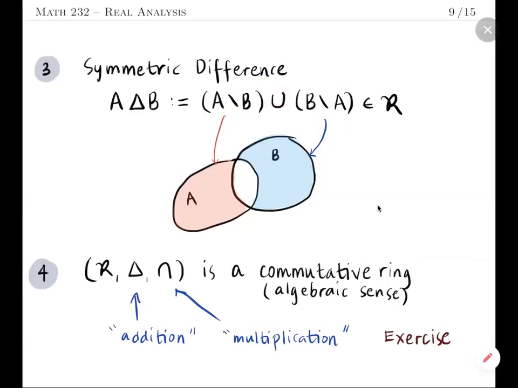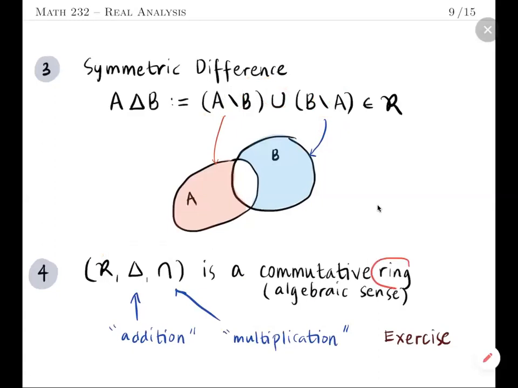Well, if you have a ring, in the sense of the previous definition, together with the operations, the symmetric difference, as well as the intersection, then this triple will be a commutative ring in the algebraic sense.